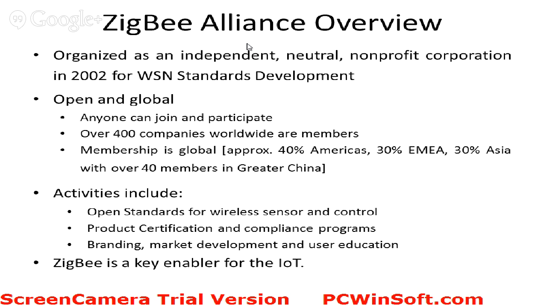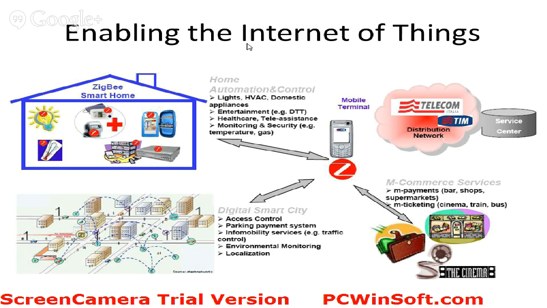So what do I mean by Internet of Things? You can see the various typical application scenarios of Internet of Things. In the home, for instance, you can have interconnected lighting sensors, a lighting management system.